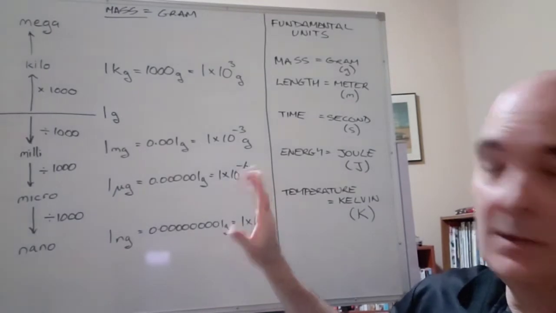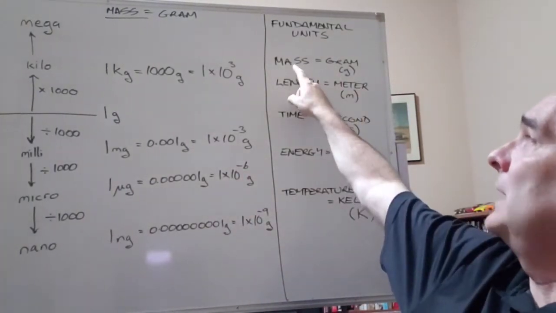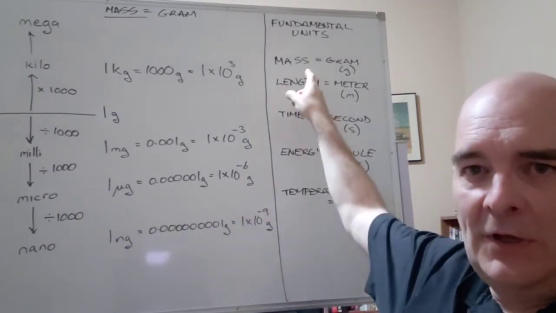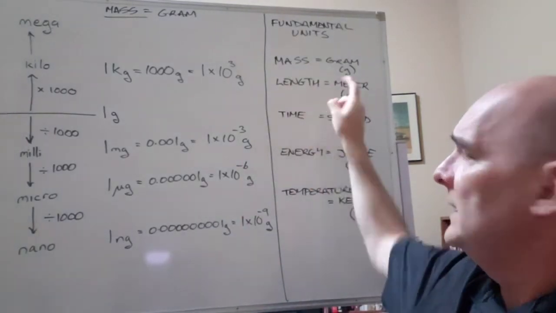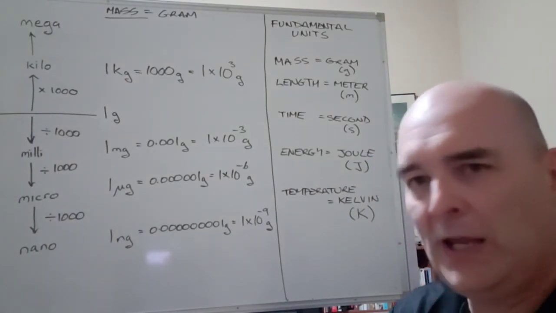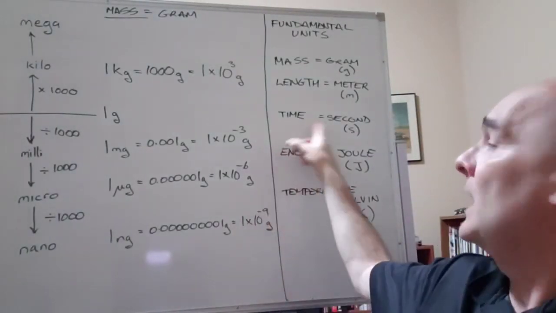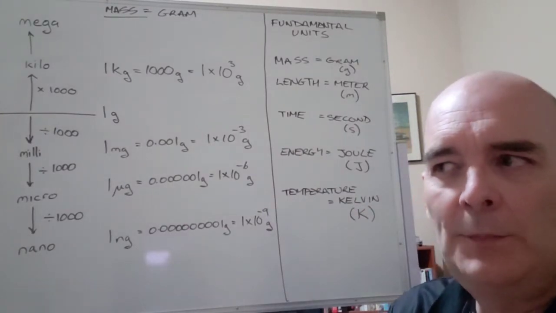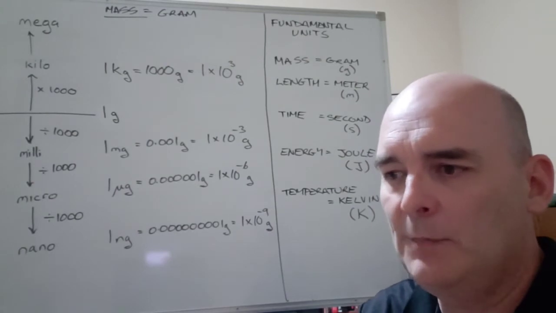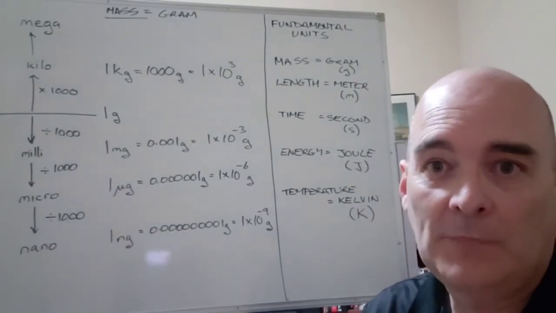These are all metric. The mass unit is measured in grams. That's given as a lowercase g. Length is measured in meters, which is a lowercase m. Time is measured in seconds, because all other measurements of time, like minutes and hours, are not decimal.